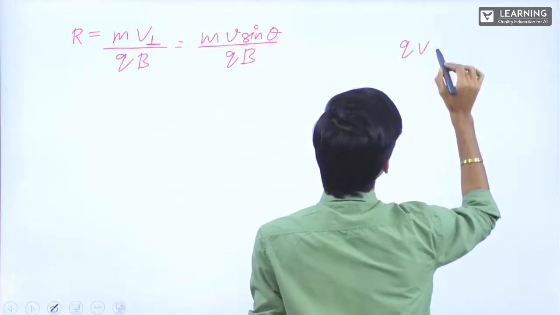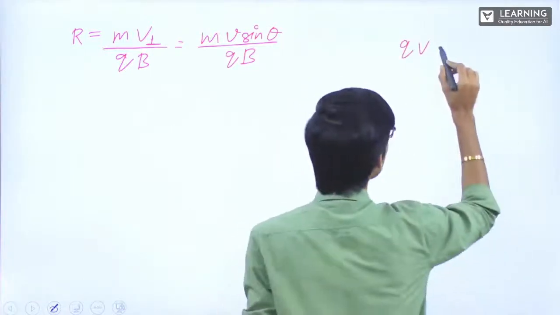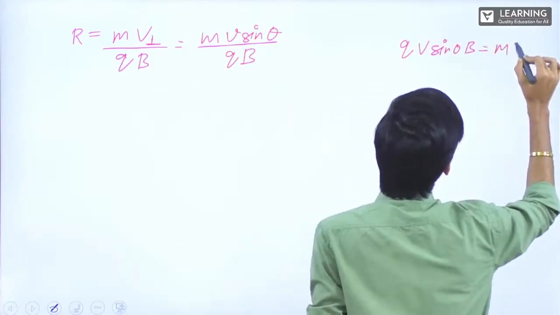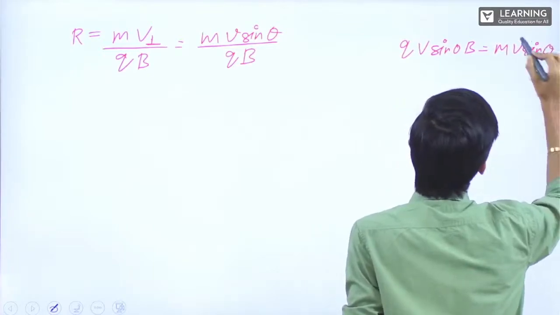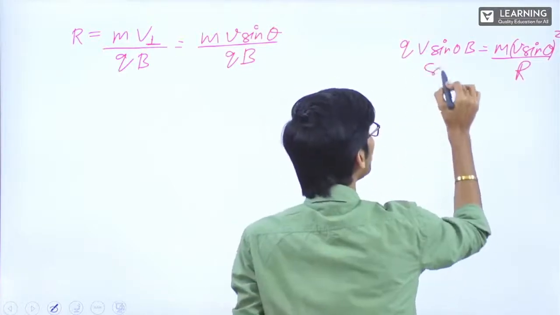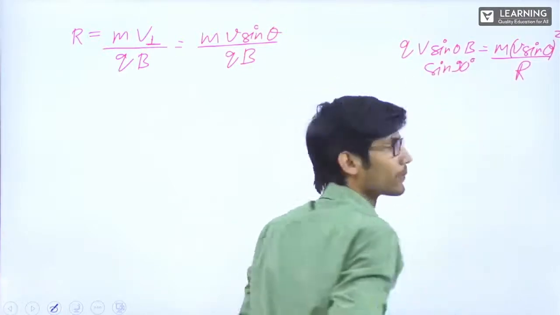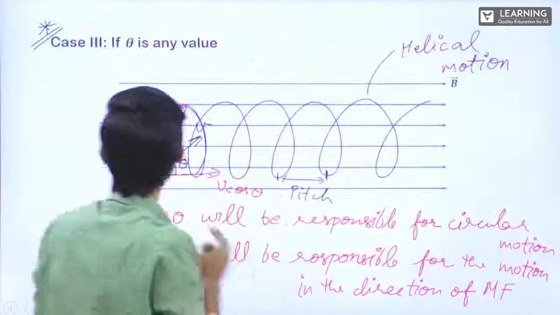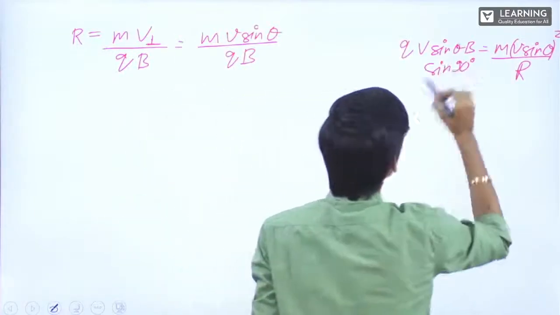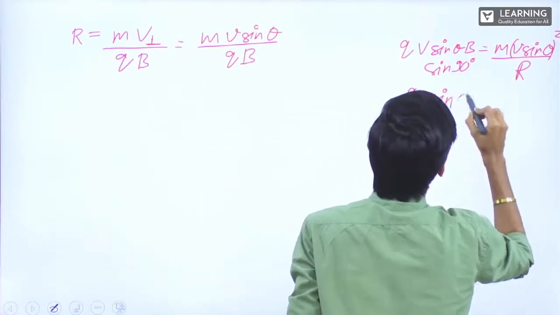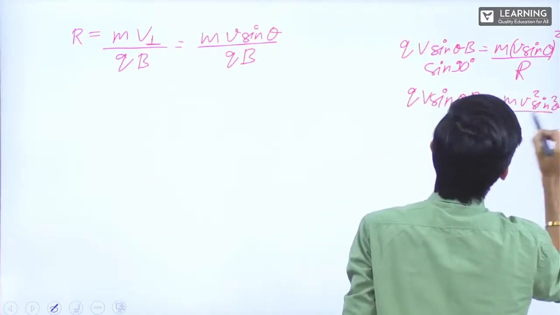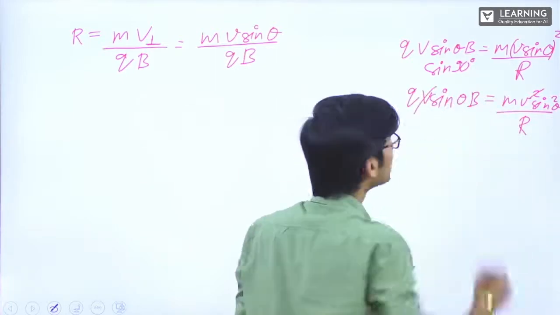q v B. Now the velocity which we are talking about is v sin theta. So q (v sin theta) B is equal to m (v sin theta) whole square by R. And in the force, qvB sin theta, one more sin theta will come, right? That is sin 90 degrees, since the angle between velocity and magnetic field is 90 degrees. So this sin 90 will become 1. So this will be q v sin theta B, that is equal to m v square sin square theta divided by R. V cancels V, sin theta cancels sin theta.